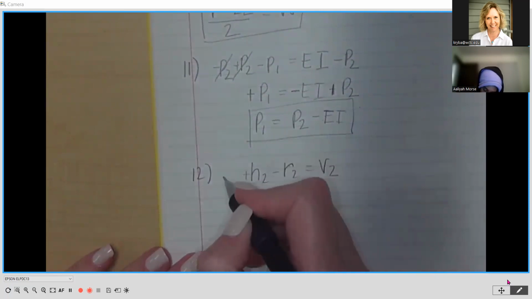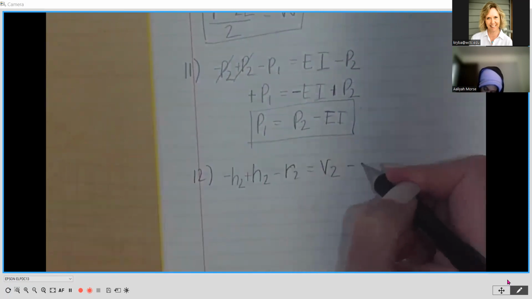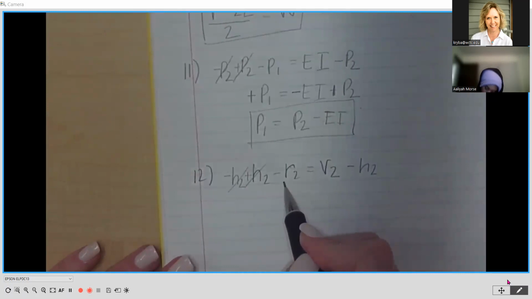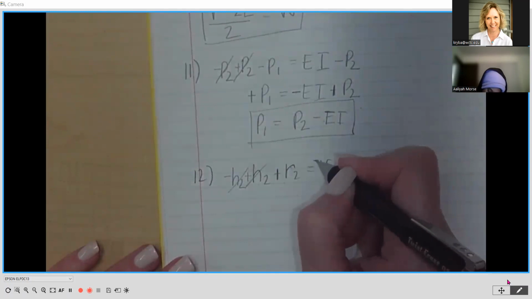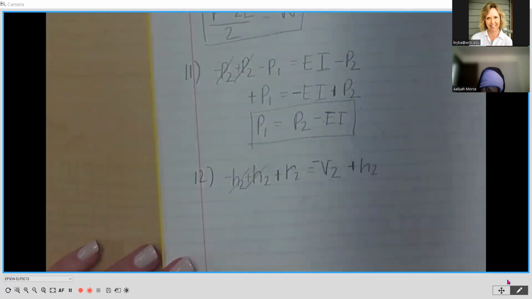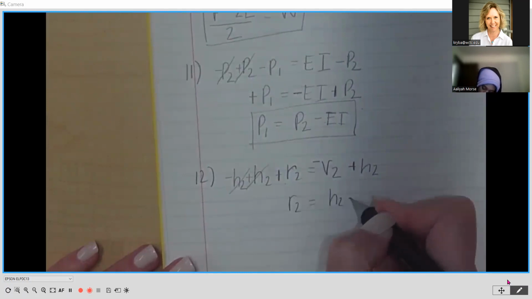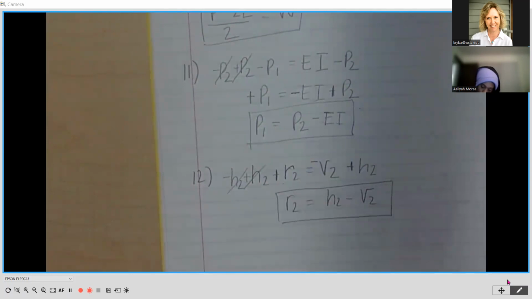That's a positive out front, so we would do a negative H2 and a negative H2 on the other side. That would clear it on the left, and we're left with a negative R2. So that means it becomes positive, the V2 becomes negative and the H2 becomes positive. So we'd have R2 is equal to H2 minus V2. And again, if you lead with the negative V2, that's okay too.